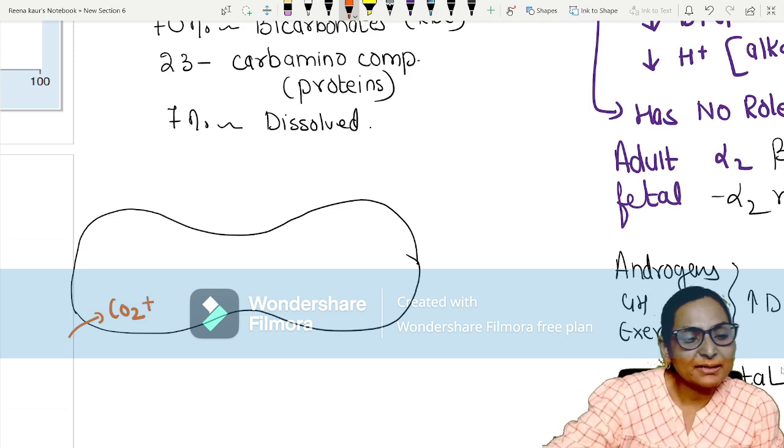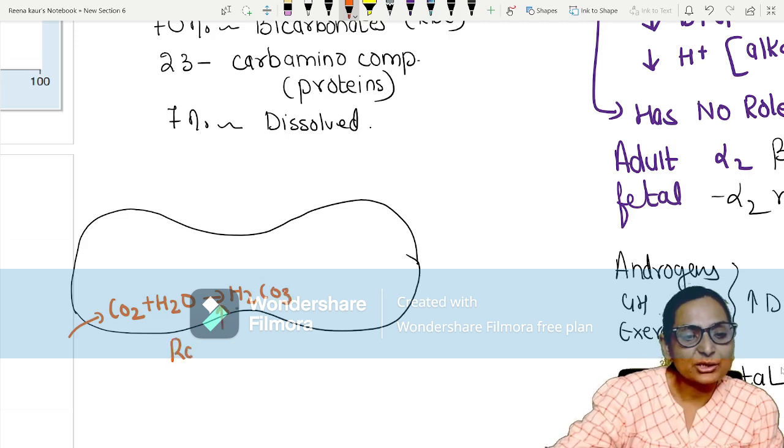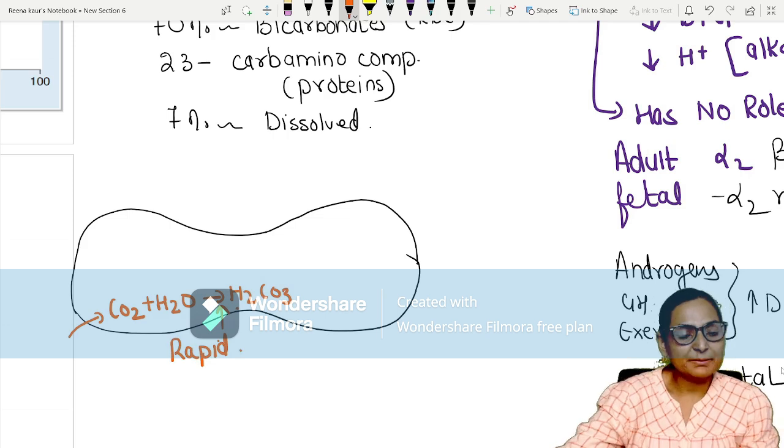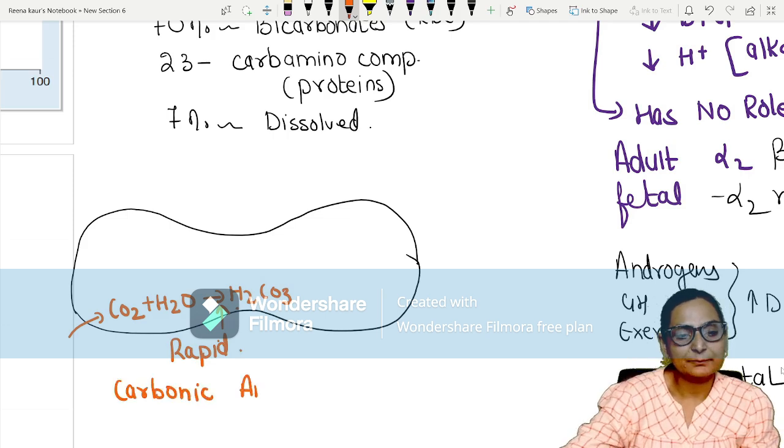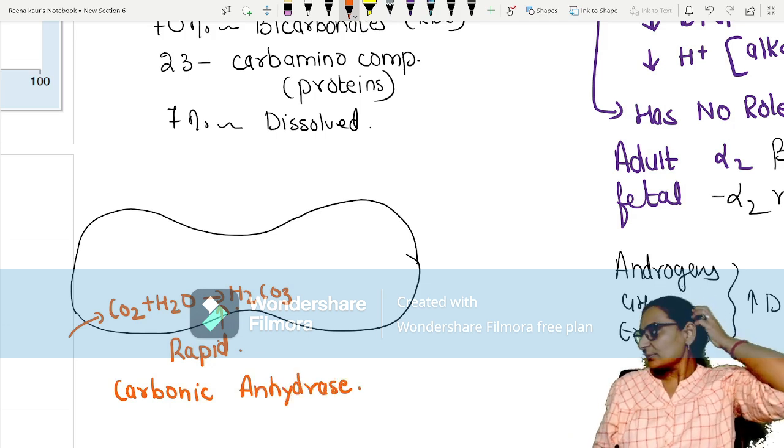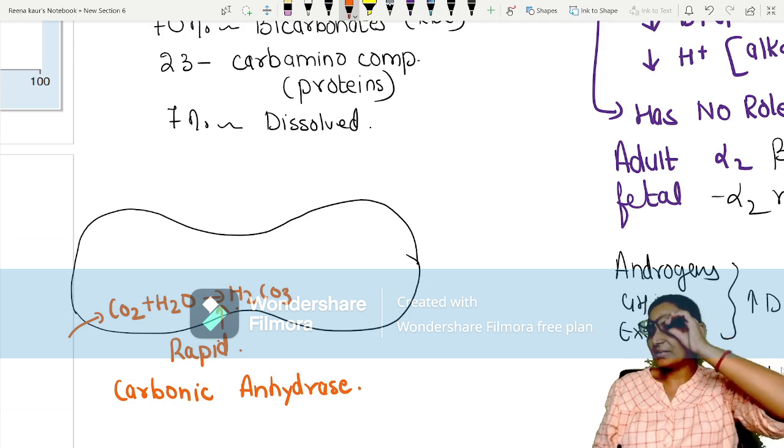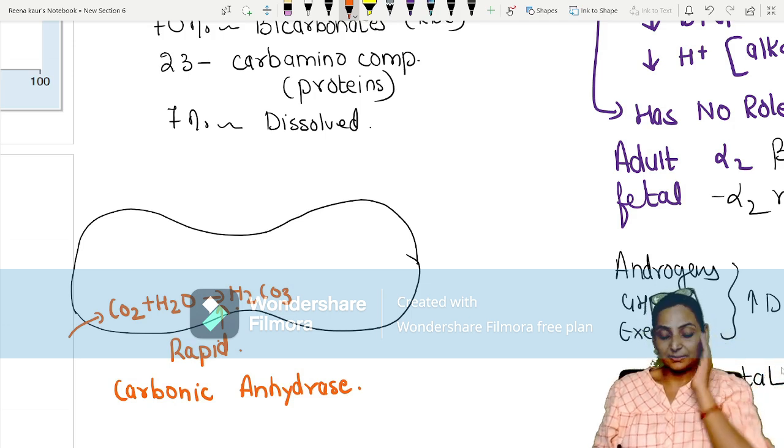This carbon dioxide will combine with water and form carbonic acid, H2CO3. This reaction is very rapid in the RBC because of the presence of the enzyme carbonic anhydrase.